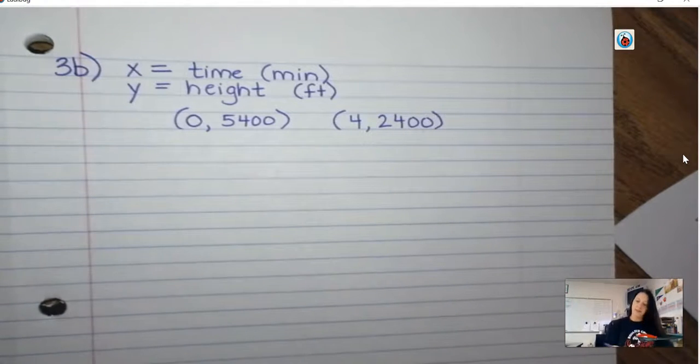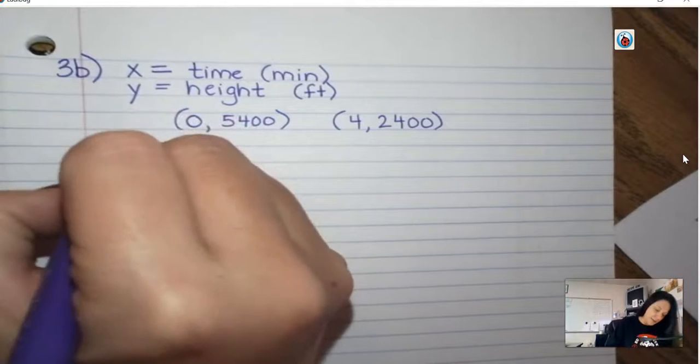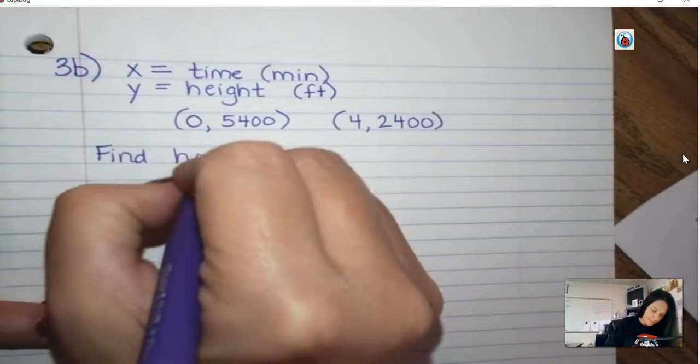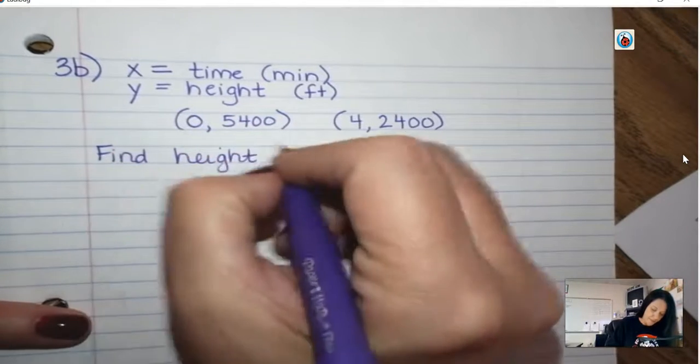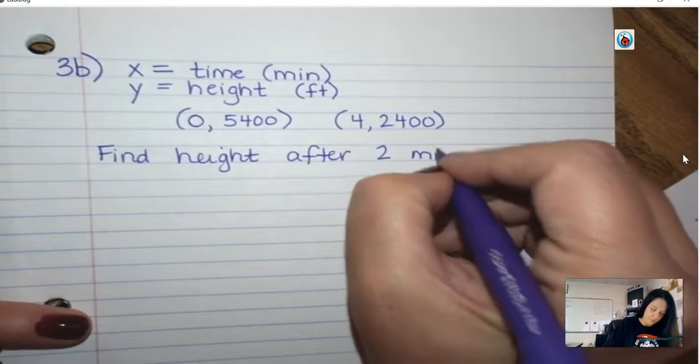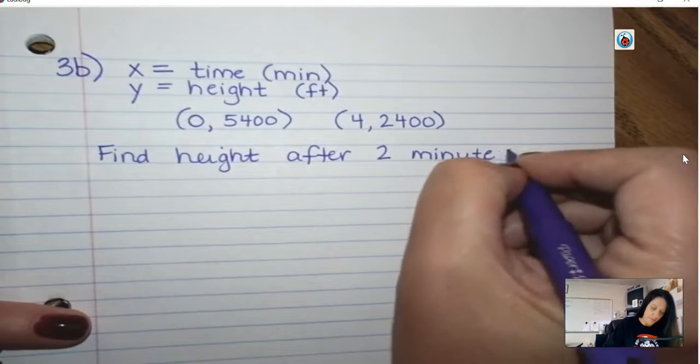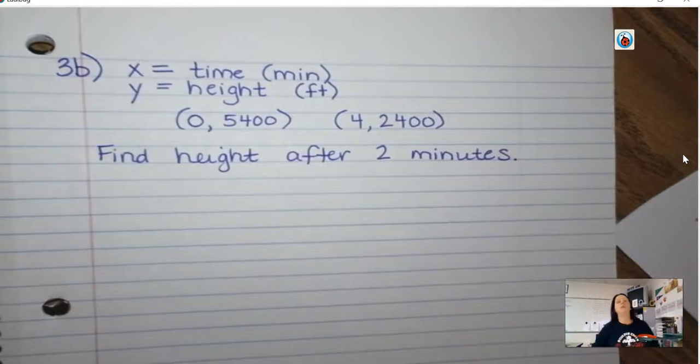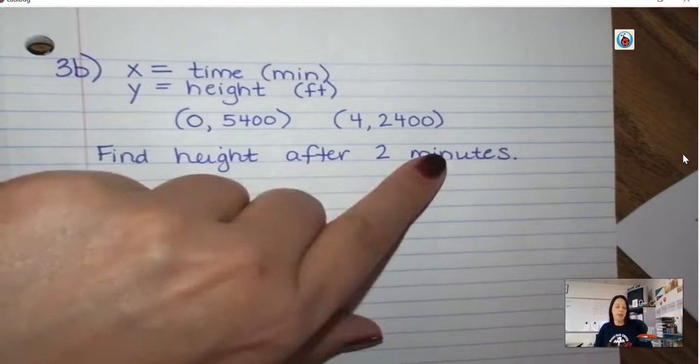It asks us, find the height after 2 minutes. So again, for this one, we have to find the slope, interpret the slope, find the y-intercept, interpret the y-intercept, come up with the equation, and we have to solve it.